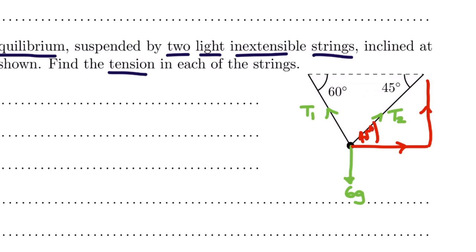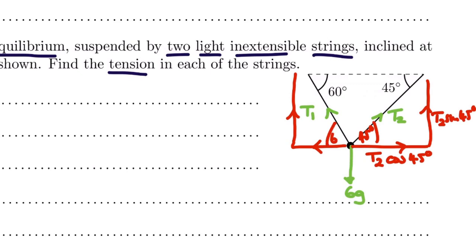This is 45 degrees, so this will be T2 cos 45 and T2 sine 45. And likewise with T1, I'm going across to the left and up. Again, this will be 60 degrees, so this is T1 cos 60 and T1 sine 60. Okay. Right, I'm going to shrink that back down again.